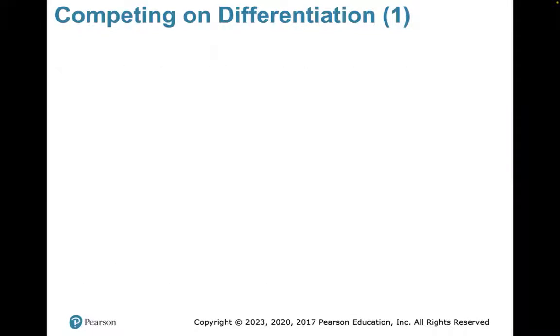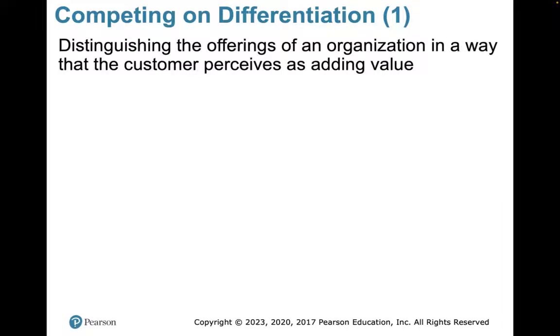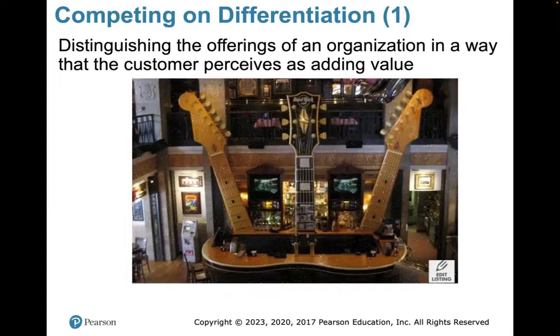Let's look at another example. Okay, again, these are all examples of competing on differentiation. We look at Hard Rock Cafe, okay, and this is their bar, obviously very different. So you're going to have a very unique experience when you go in there. Often theme restaurants, that's what they're trying to achieve.